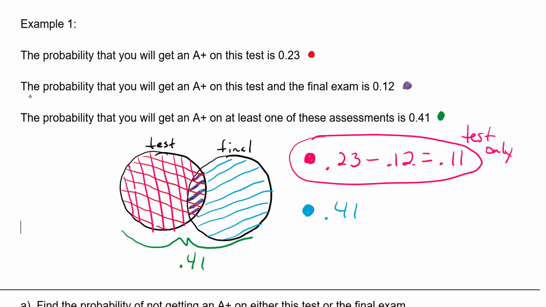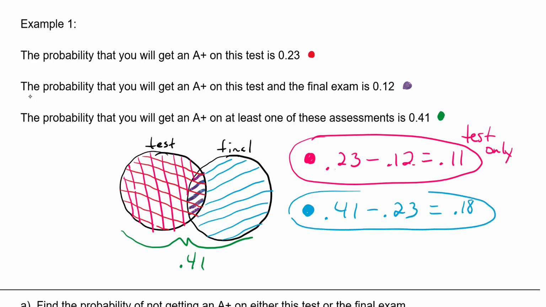Okay, minus the 0.23, which was the whole test thing. If I take that away, that's just going to be the final exam. Okay, and we get 0.18. And again, this is going to be the final only.